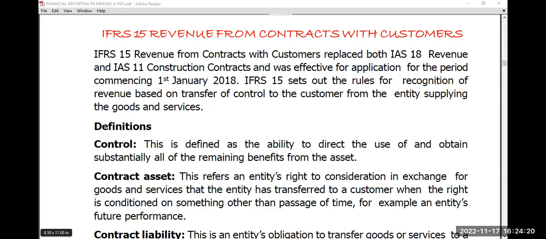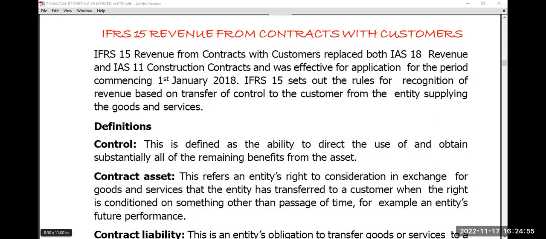And we are saying that IFRS 15 sets out the rules for recognition of revenue based on the transfer of control to the customer from the entity supplying the goods. Here, what we mean is that there are certain recognition criteria or conditions that we are supposed to fulfill before we say that we have actually received the revenue.